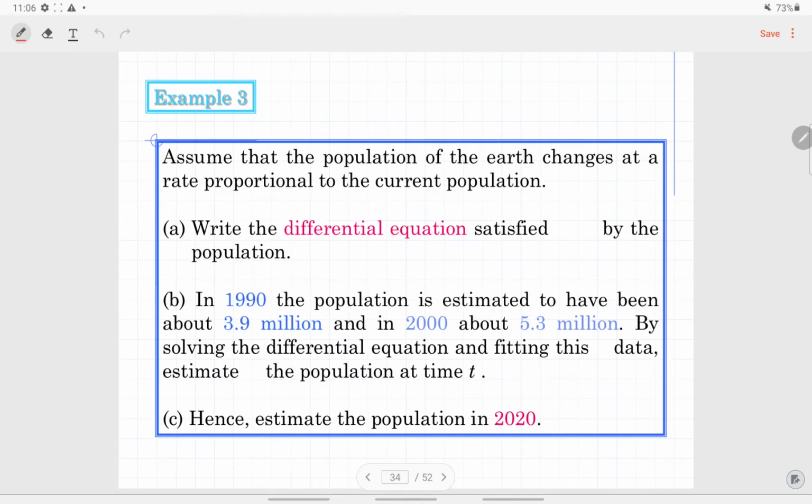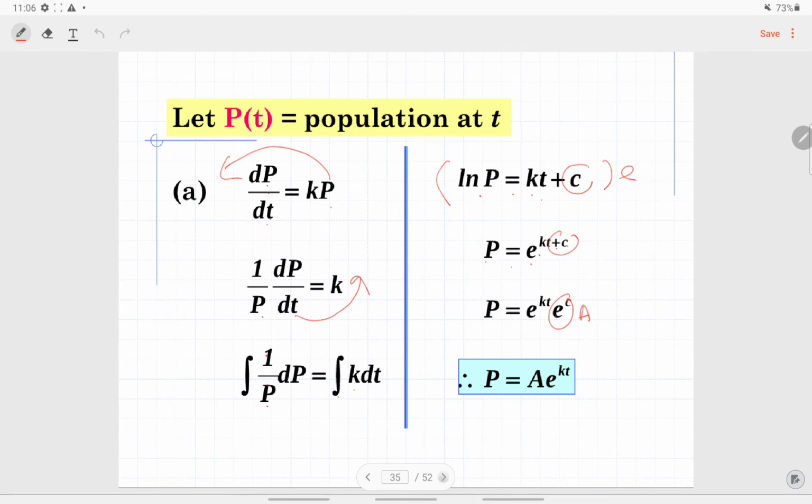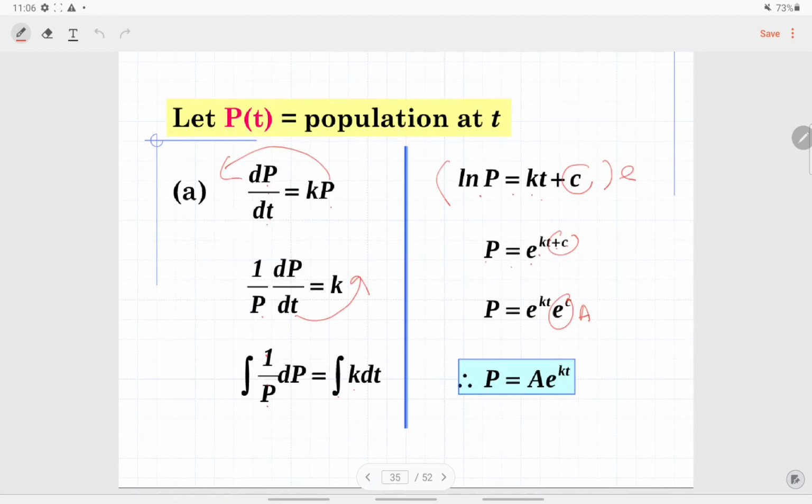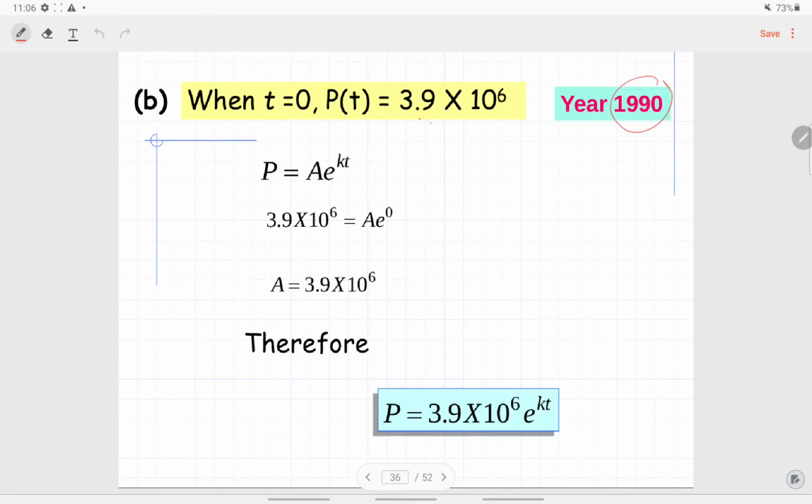Then B: in 1990, the population is estimated to have been about 3.9 million and in 2000 about 5.3 million. By solving the differential equation and fitting this data, estimate the population at time t. When t equal to 0, in year 1990, the population is 3.9 million, and we have just now the general equation p equal to a exponential kt.